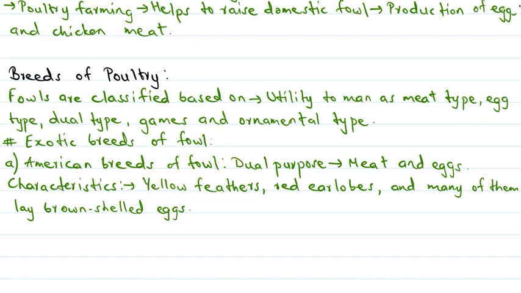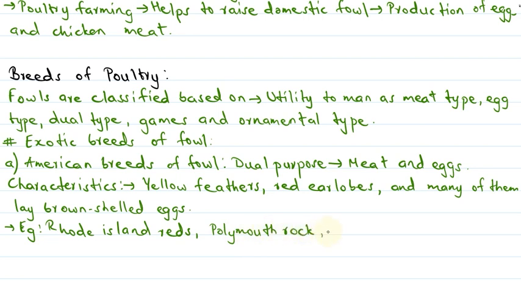Some of the important breeds that we are going to mention here are the Rhode Island Reds, then Plymouth Rock, then there is New Hampshire and Wyandotte.